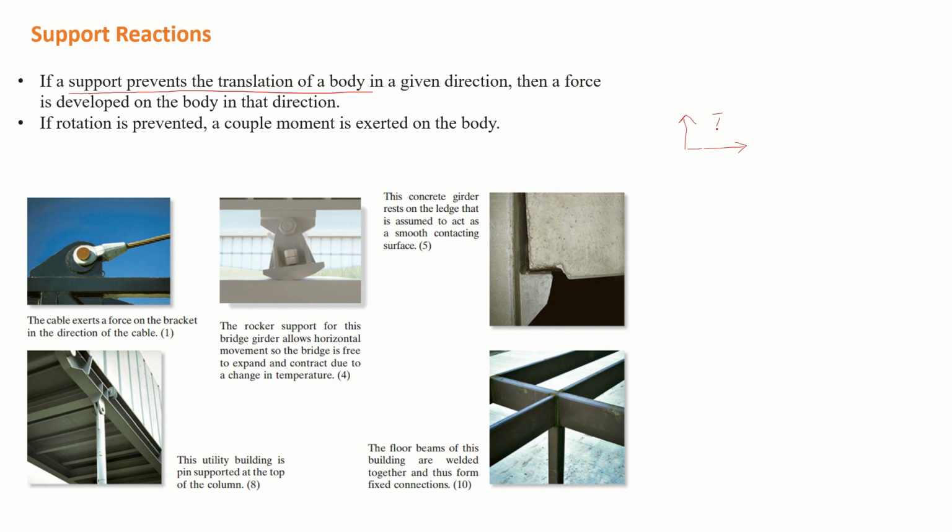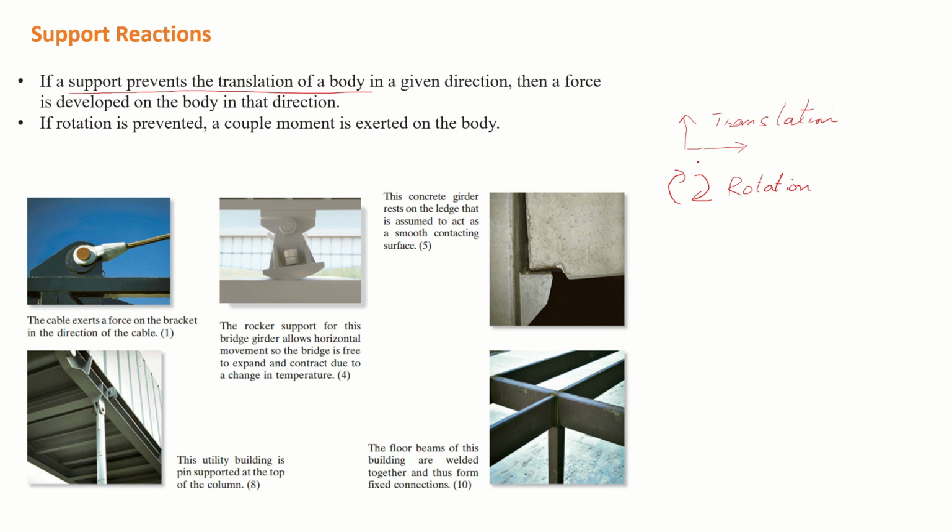This is called translation. And the second type of support is the rotation. Rotation can be either in clockwise direction or anti-clockwise direction. So these are the two types of motions that are found in bodies.